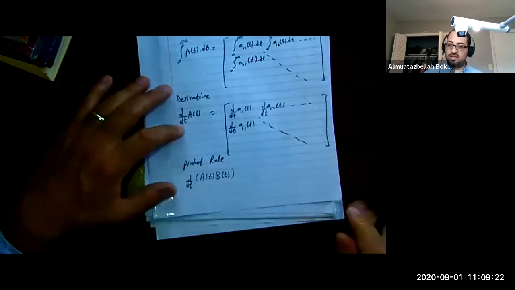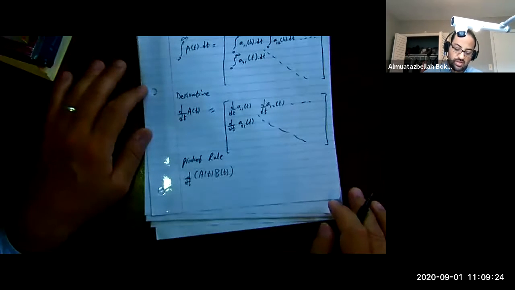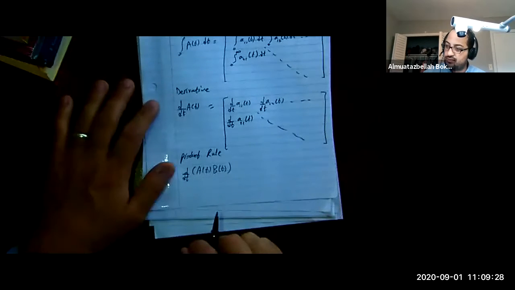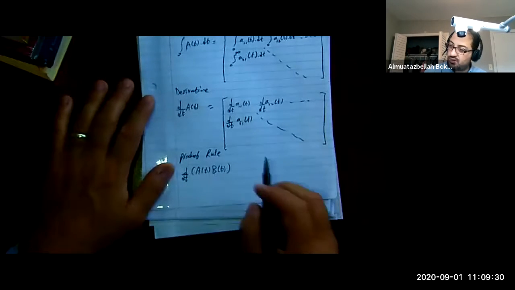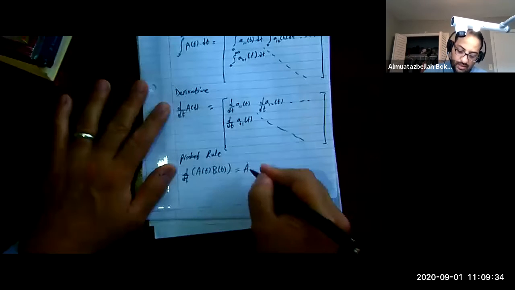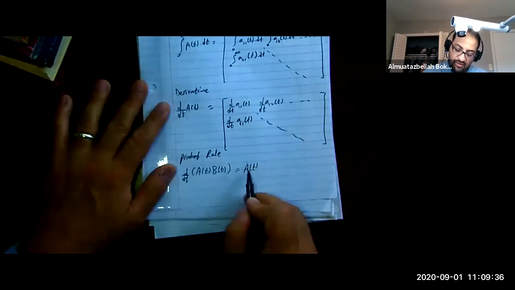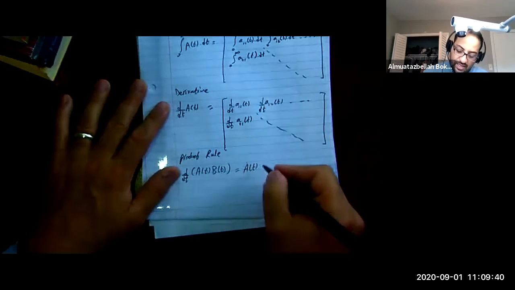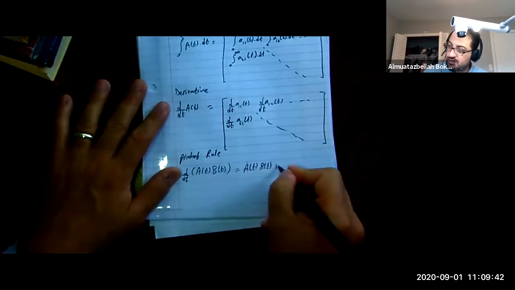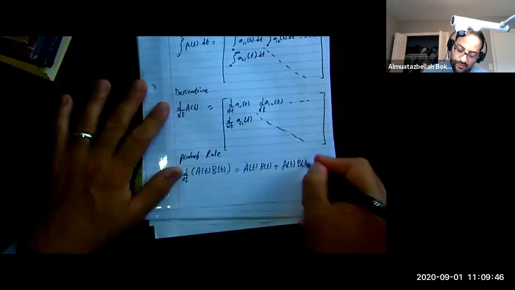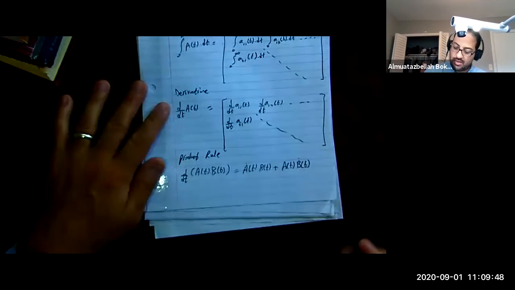These are two time varying matrices, and we would like to differentiate them with respect to time. So this is equal to A dot, where A dot means the derivative of A with respect to time, A dot times B of t plus A of t times B dot of t.